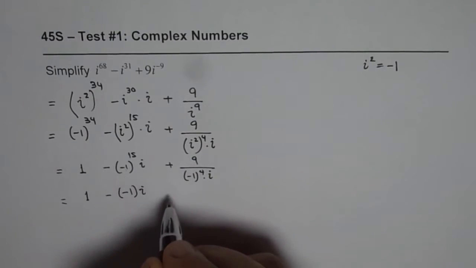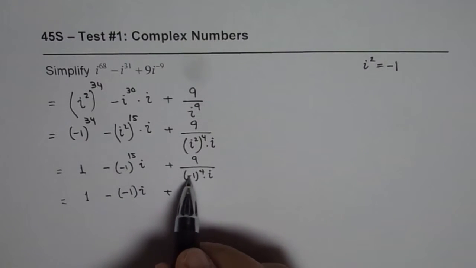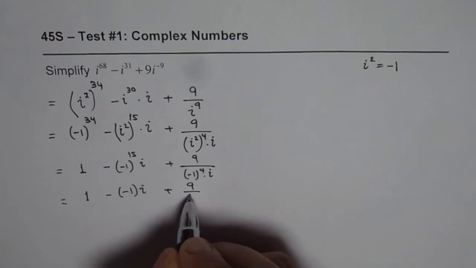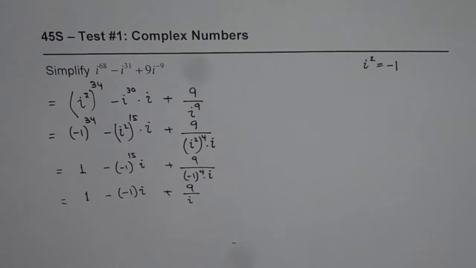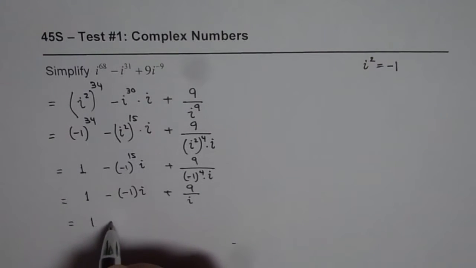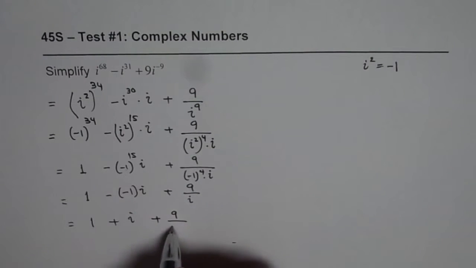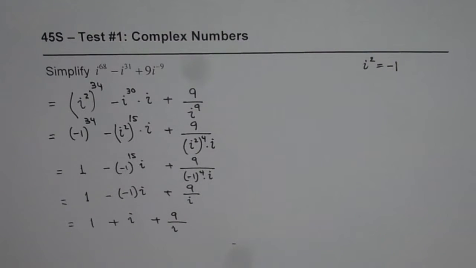So we get negative 1 here. In the denominator, minus 1 to the power of 4 will give me positive. So we get 9 over i. Do you see that? So 9 over i. So that gives us 1 plus i plus 9 over i. Correct? So this is what we get.